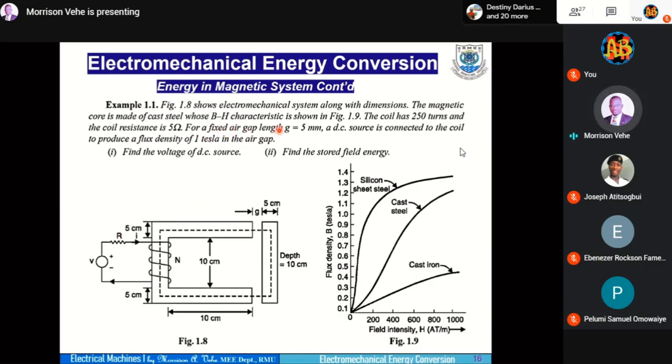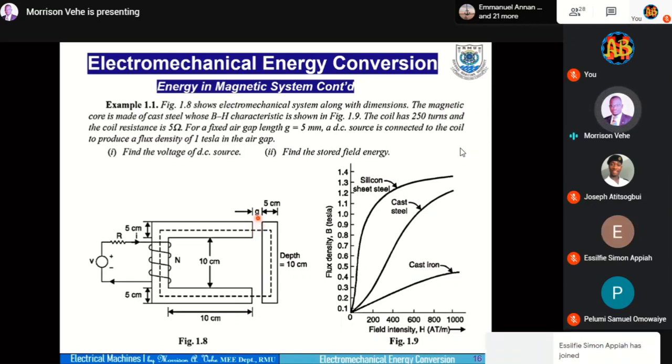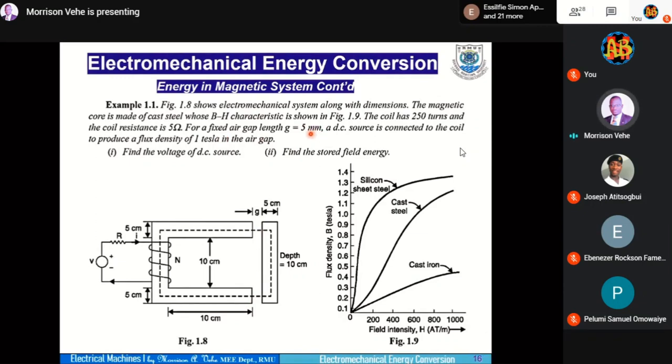Okay, so for a fixed air gap length, this is our air gap. So air gap length, which is fixed, is 5 millimeters, right? And a DC source is connected to the coil. So this is a DC source, like plus minus. As far as this source is concerned, it is direct current.